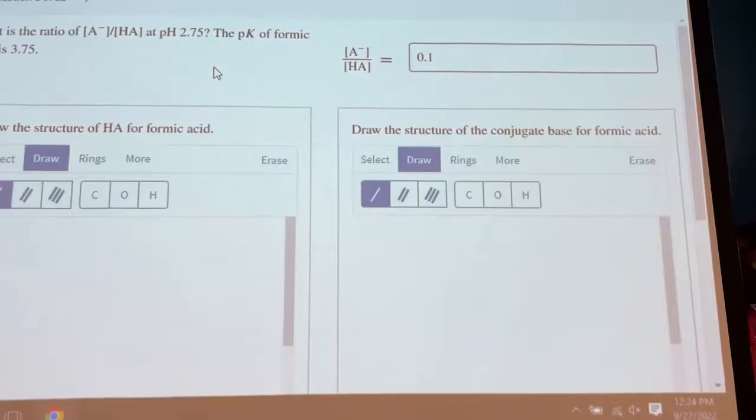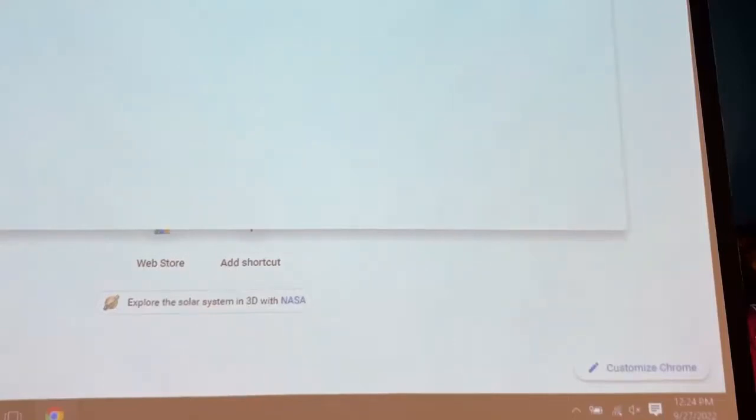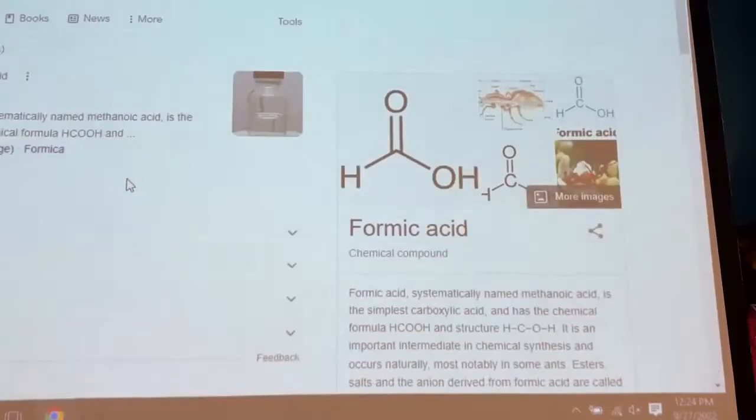Then they want the structure of HA for formic acid. So I think formic acid is 1 carbon. Let me look it up. I don't even know it. It's a carboxylic acid, that's for sure, but I don't remember the number of carbons. Only 1.